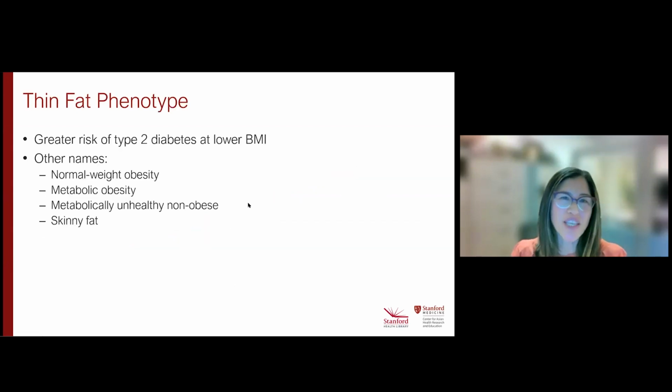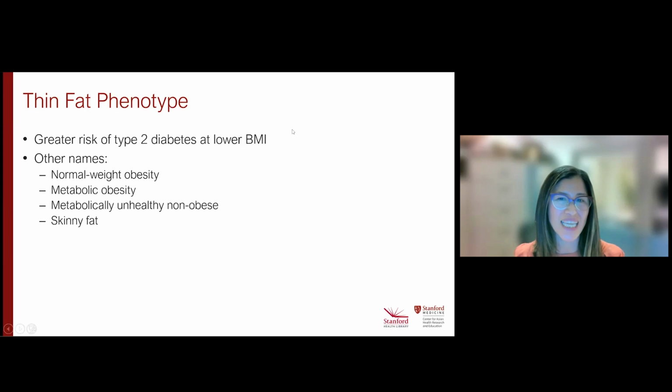So what are some theories as to why this occurs? Why is there a greater risk for diabetes at lower BMI in individuals of Asian American background, particularly in Asian Indian populations and the Filipino populations? So one theory is that the BMI underestimates the excess fat. So remember, I mentioned at the beginning of the talk that we use BMI as a screening tool for excess fat.